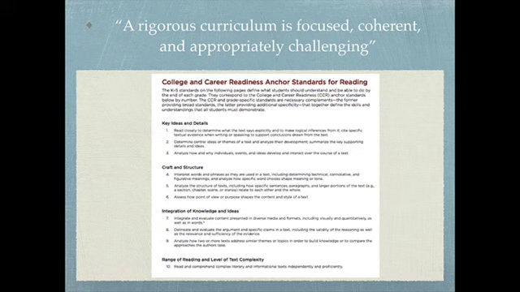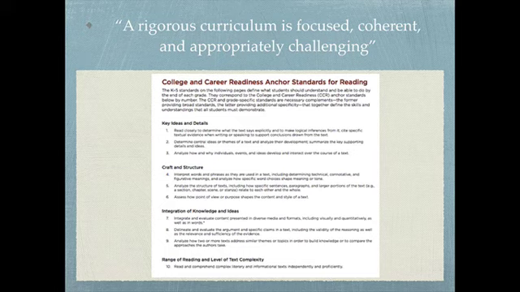And so in many ways, these standards are rigorous, and the implementation of them is one way in which we can ensure that students have access to a rigorous curriculum. But it doesn't end there. Just because the standards are adopted doesn't mean that we have rigorous classrooms.